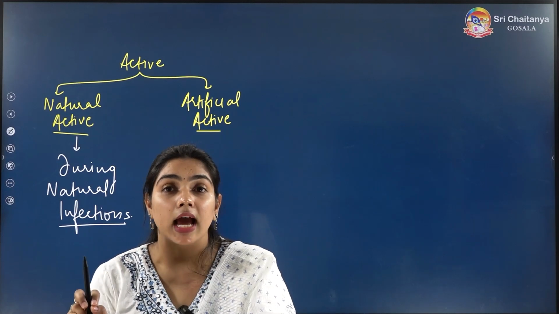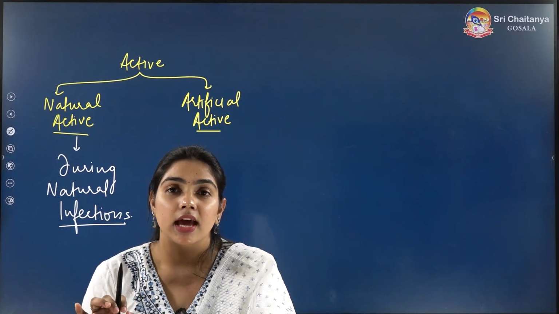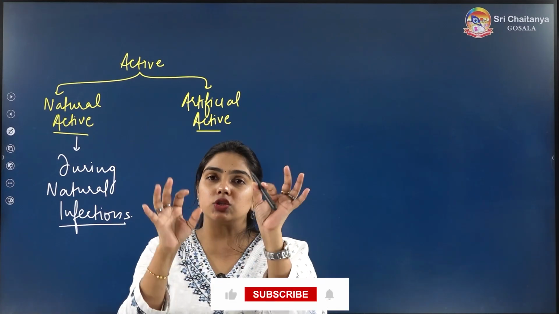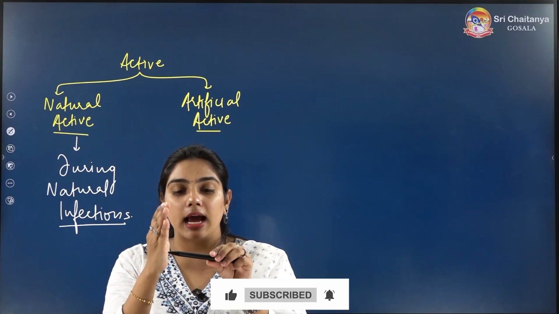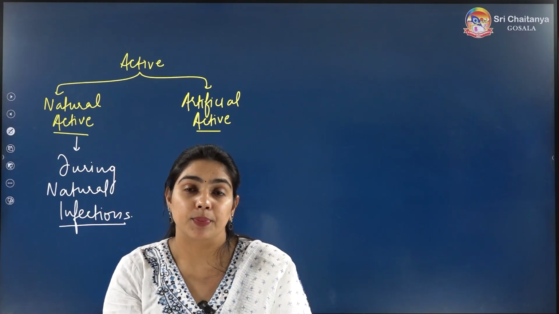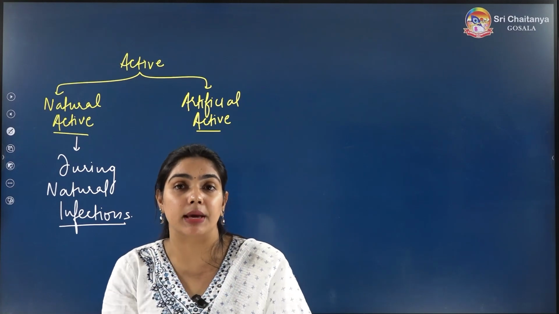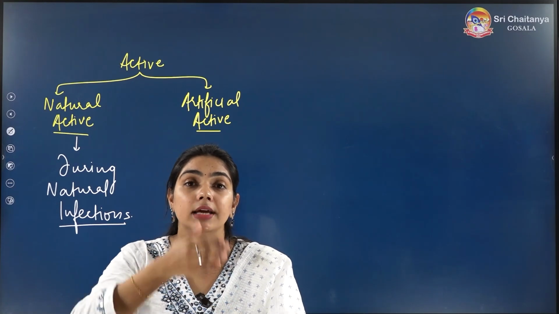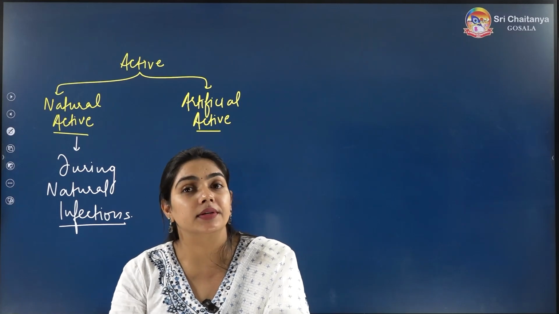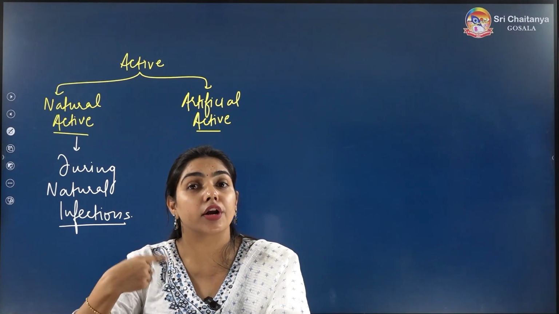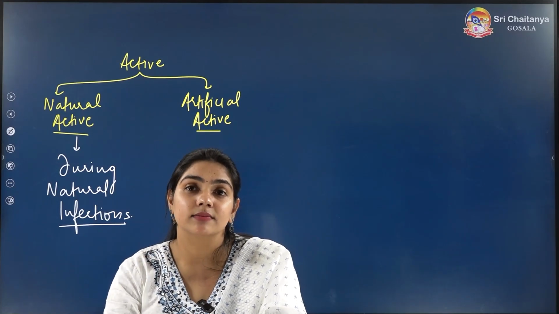So what I am doing? I am making a vaccine. I am taking so many pathogens, and I am killing them, or inactivating them, and now I am injecting them into your body. So what will happen? In your body also, your immune system will make antibodies, isn't it?